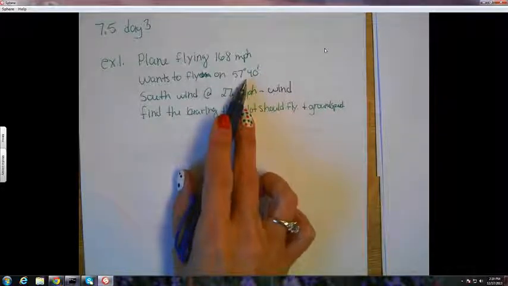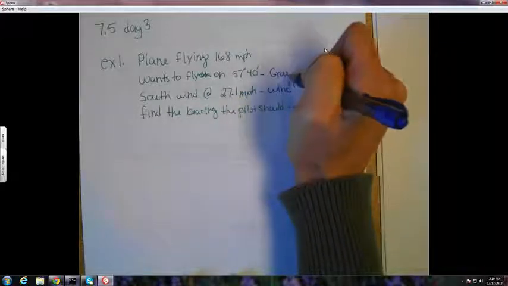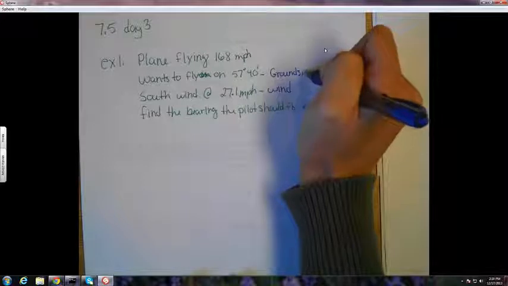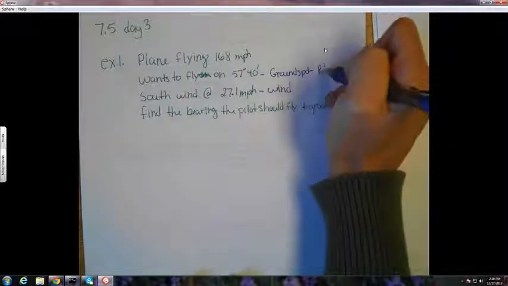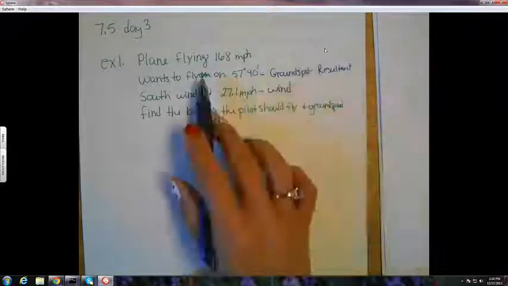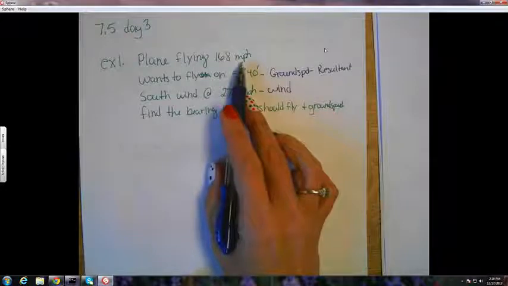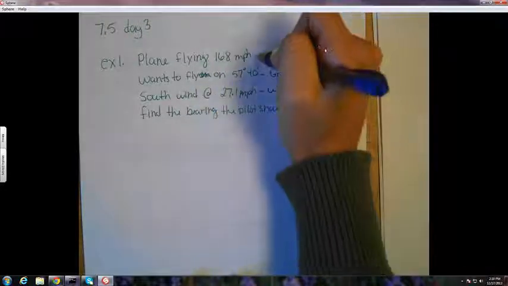That's the resultant, which we call the ground speed. What's this plane flying at 168 miles per hour? That's the first one. That's the airspeed. It's the engine speed. They're implying that there. So that's our airspeed vector.